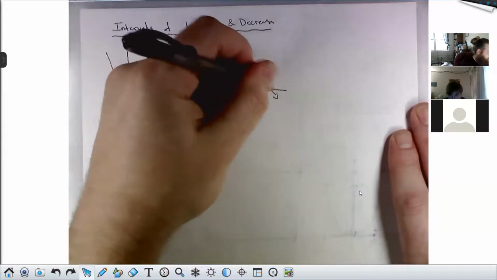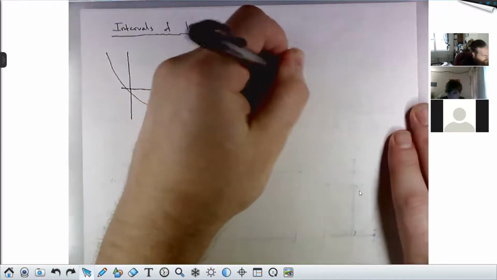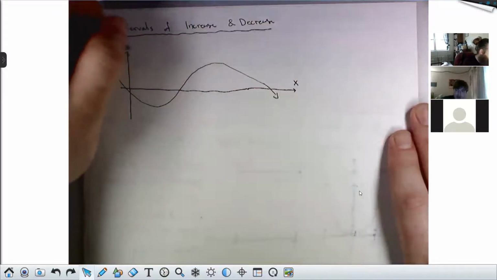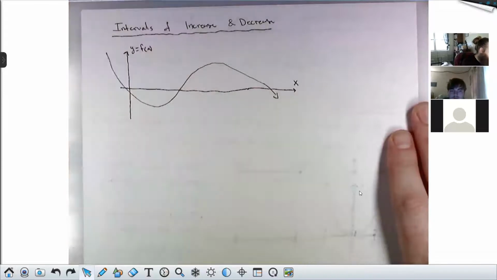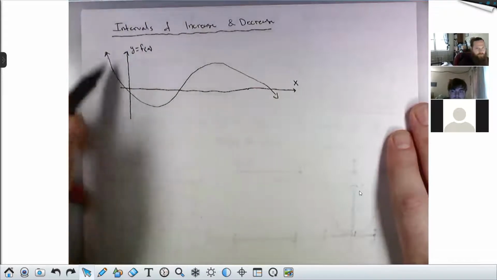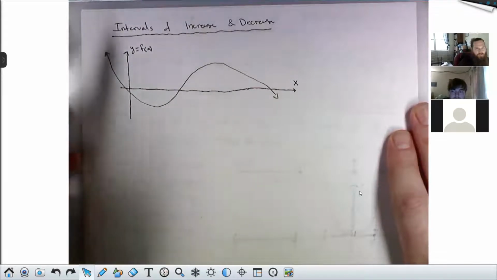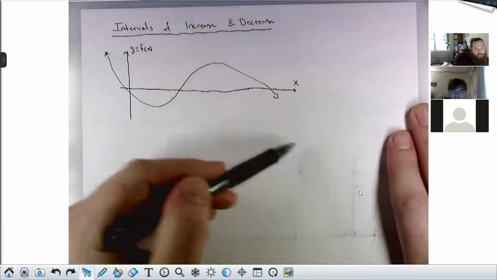Let's say we've got something like this. And the arrows kind of indicate that the graph continues going in that manner. So it keeps going this way over here, and it keeps going down like this over here, forever and ever on.